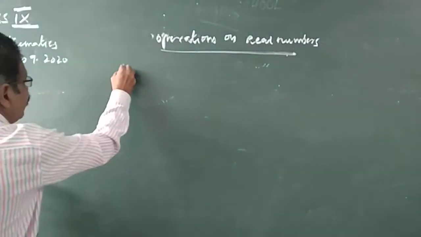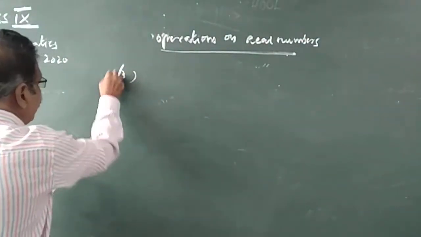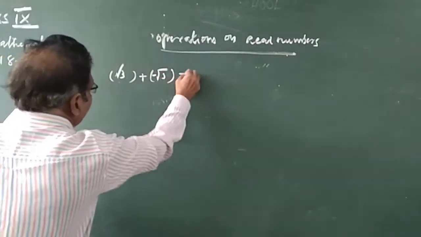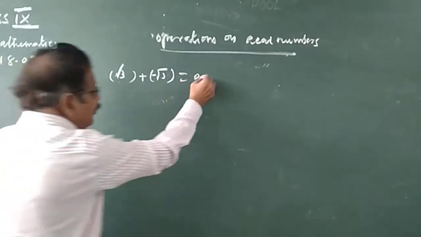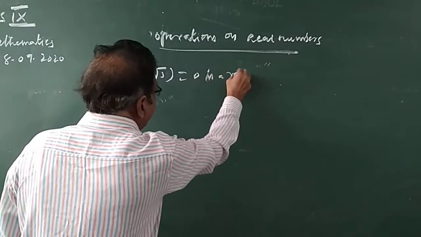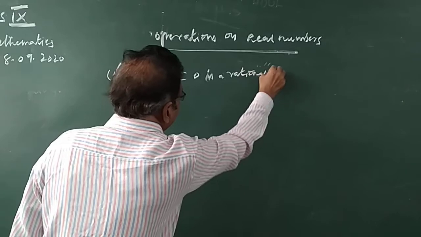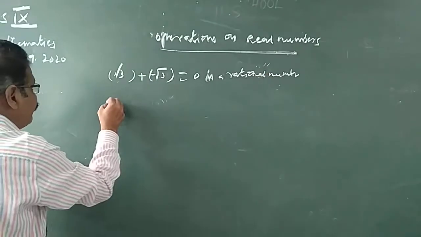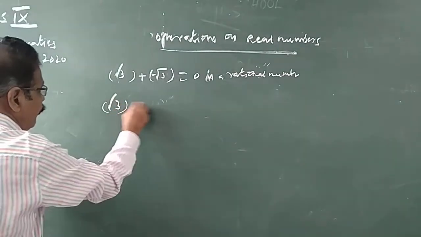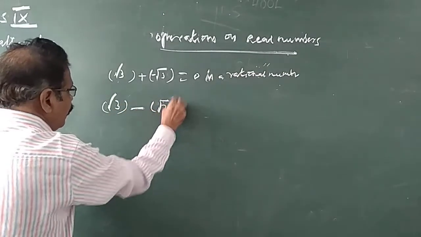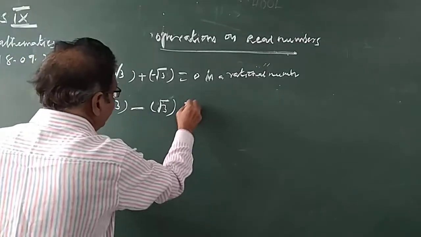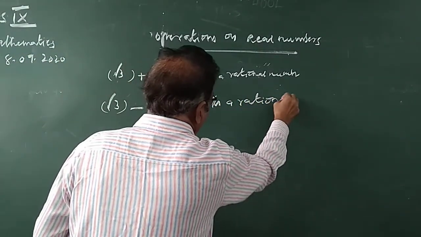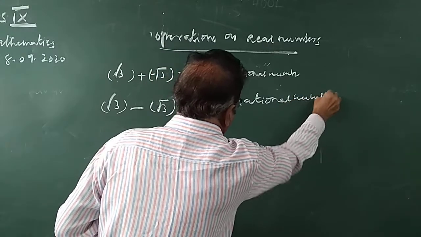So root 3 plus minus root 3 equal to 0. 0 is a rational number. It is not irrational. Similarly, root 3 minus root 3 equal to 0 is a rational number.